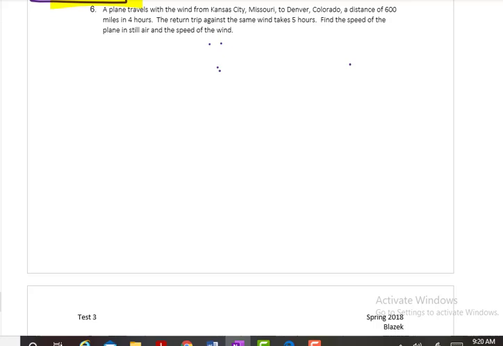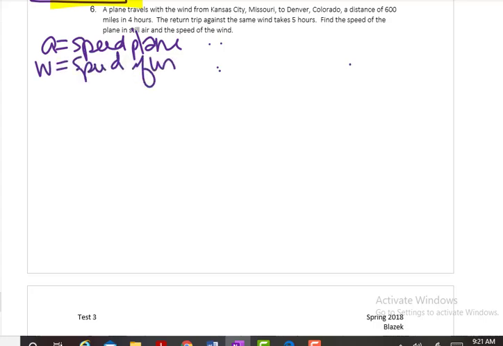All right, so we are going to look for the speed of the plane and the speed of the wind. So I'm going to let A be the speed of the airplane, I guess that's why I picked an A, and W be the speed of the wind. So we want to find both.